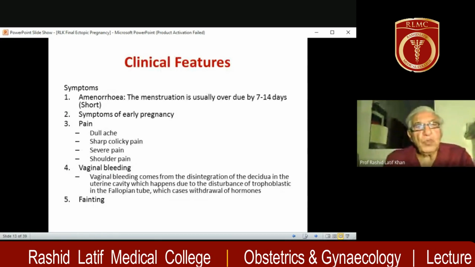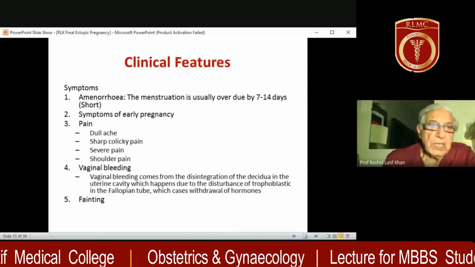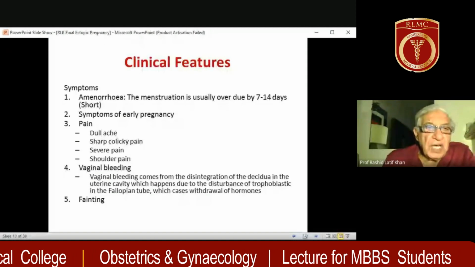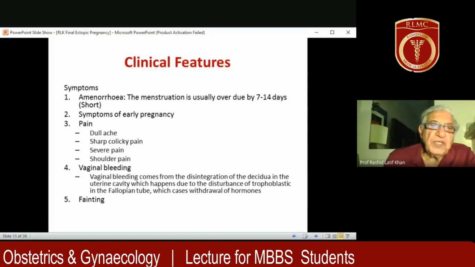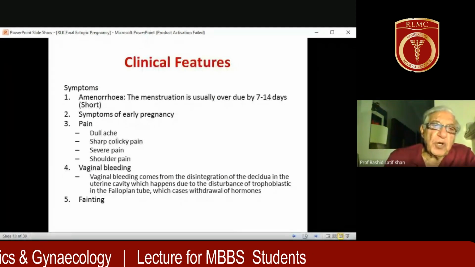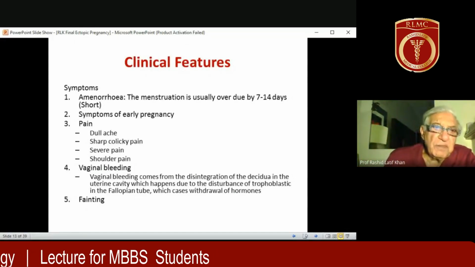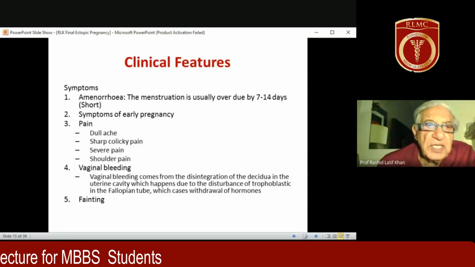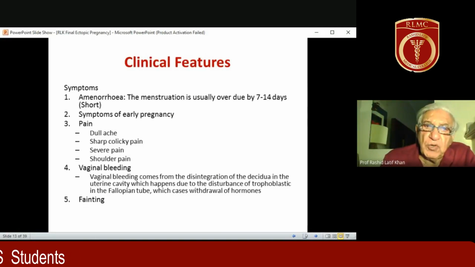Now we come to clinical features. These are standard, common features which any patient with ectopic pregnancy, not only tubal ectopic pregnancy, will present. First, because there is pregnancy, there has to be a short period of amenorrhea.